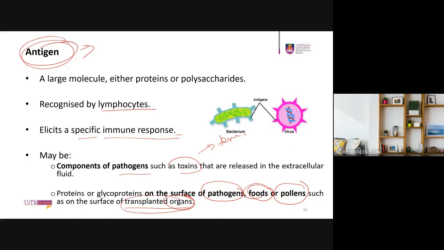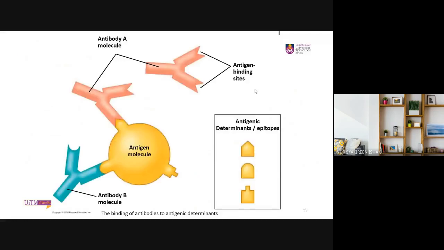Okay, so ini contohlah. Kita ada bakterium, kita ada virus. So molekul yang kat luar-luar ni considered as antigen ataupun substance yang secretes kan, yang jadi toksin kan, molecule secreted by this organism is also considered as antigen.